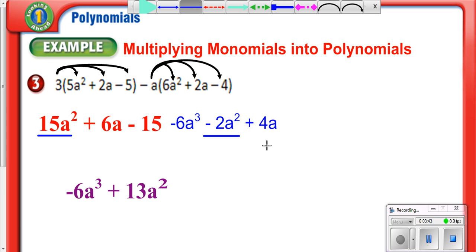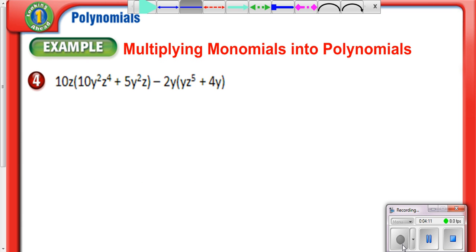I would have a positive 4a and a positive 6a, giving me a positive 10a. Then I'd finish my expression, putting down the minus 15. So my answer is negative 6a cubed plus 13a squared plus 10a minus 15. That is in standard form.